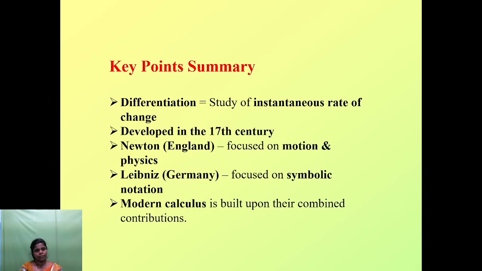The key point of differentiation is the instantaneous rate of change. In the 17th century it was developed, focused on motion and physics, by Newton from England, and modern calculus is built up on their combined contributions.